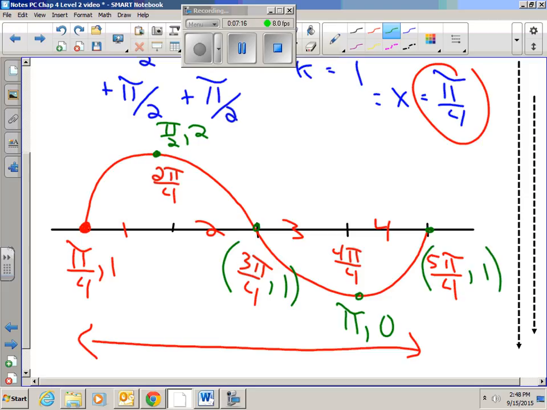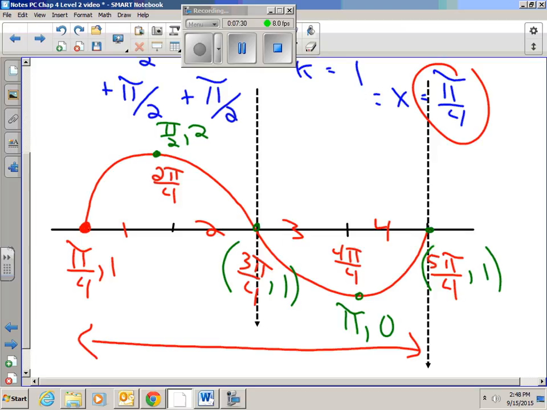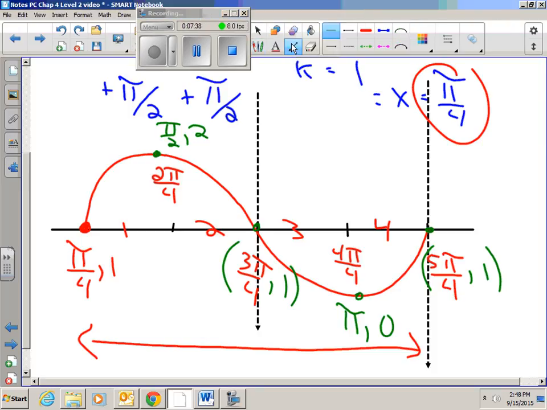Okay? We are going to have asymptotes whenever sine is at its midpoint, which in this case is when sine is 1. So we are going to put an asymptote right here, and another right here. There would also be one, likewise, one more in here.